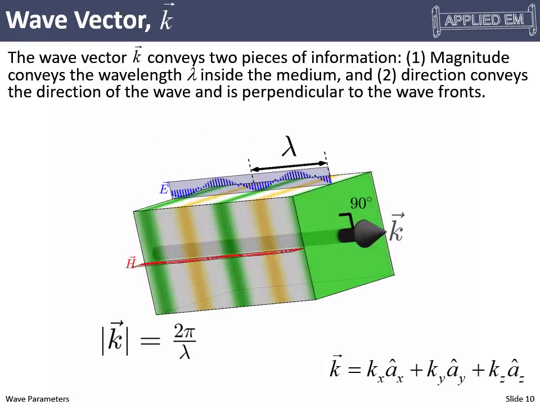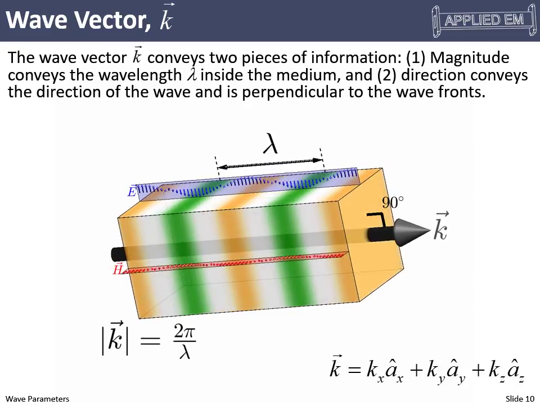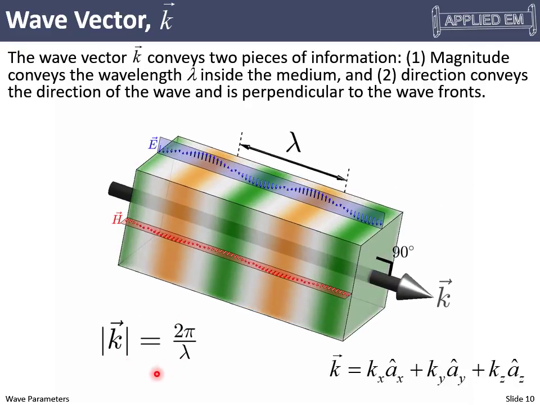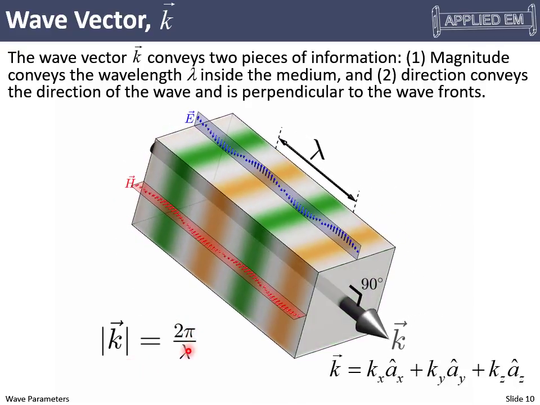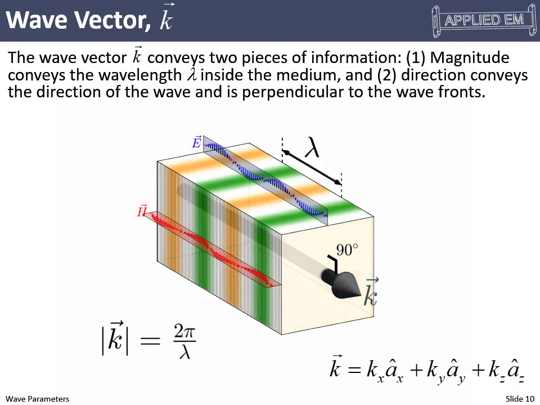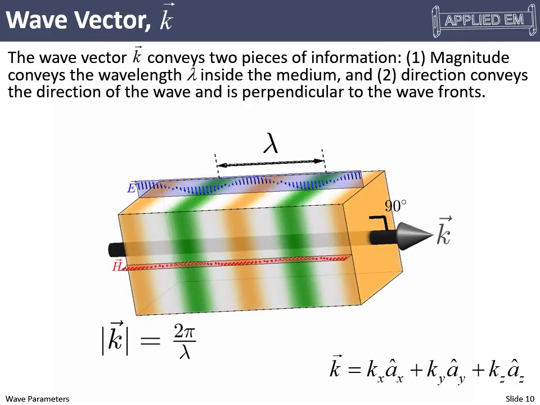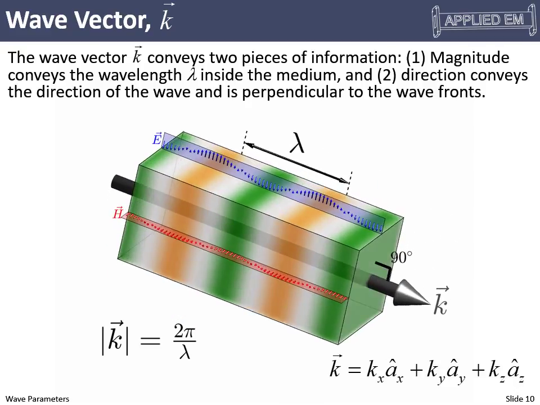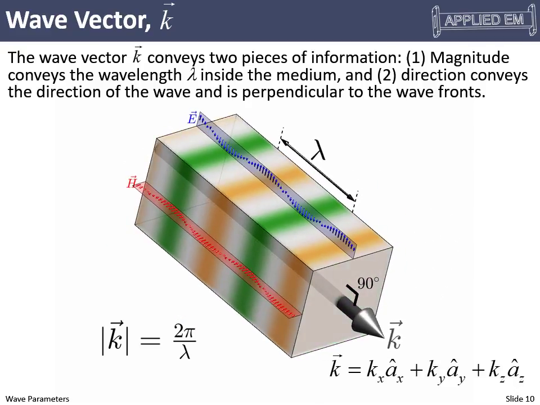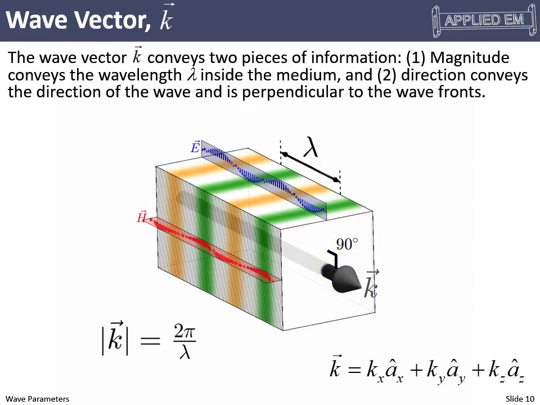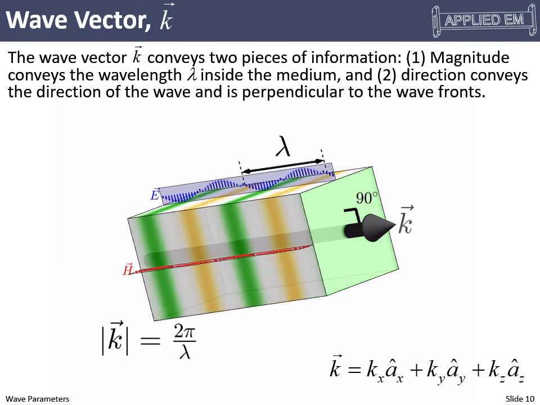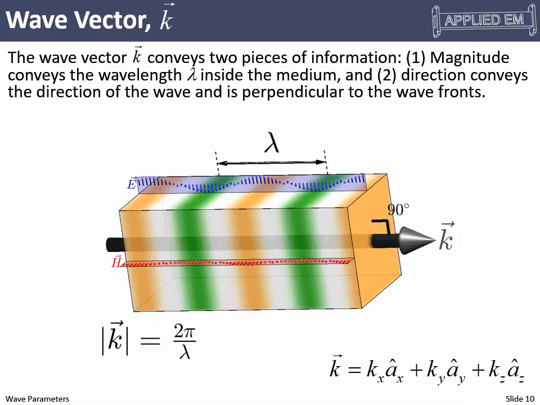We can also see the wavelength. The magnitude of our wave vector is still 2 pi over lambda, very consistent with what we talked about on the last slide. I happen to also be visualizing this along with the electric and magnetic fields. The electric and magnetic fields are perpendicular to each other. They're also perpendicular to k.